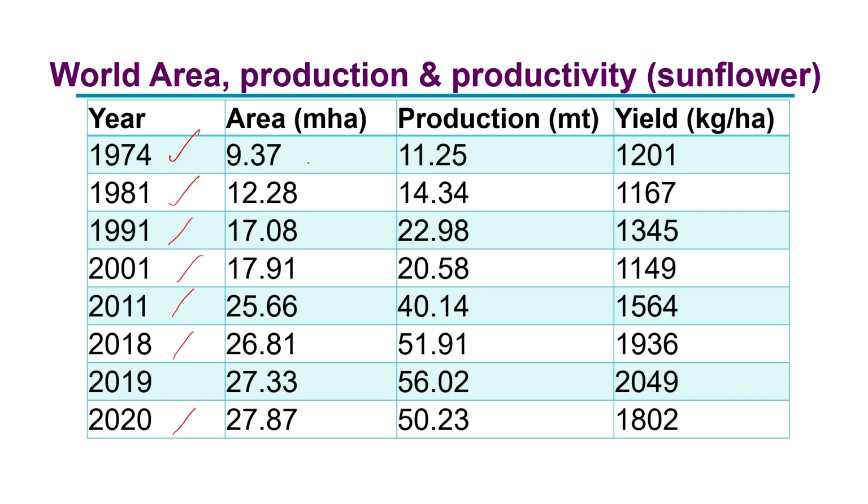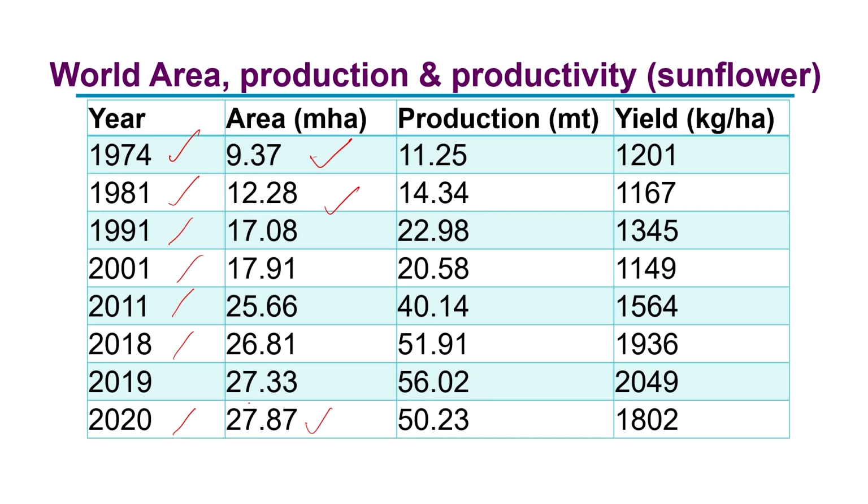So in 1974 in the world, the area of sunflower was 9.37 million hectare, which started increasing in the next decade. In 1981 it became 12.28 million hectare and then continued to increase, and by now in 2020 it has become almost 3 times what it was in 1974.